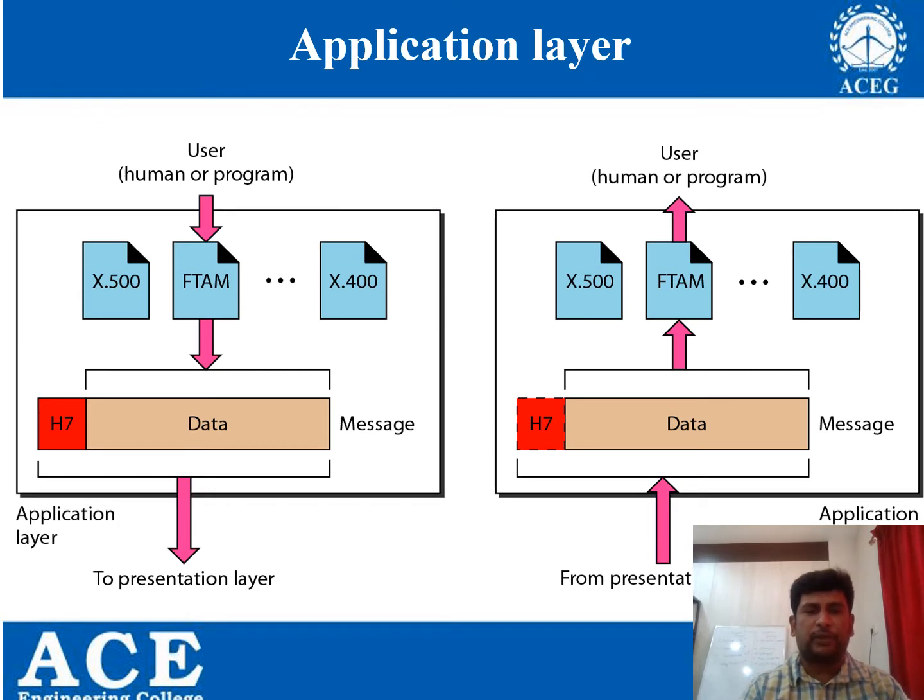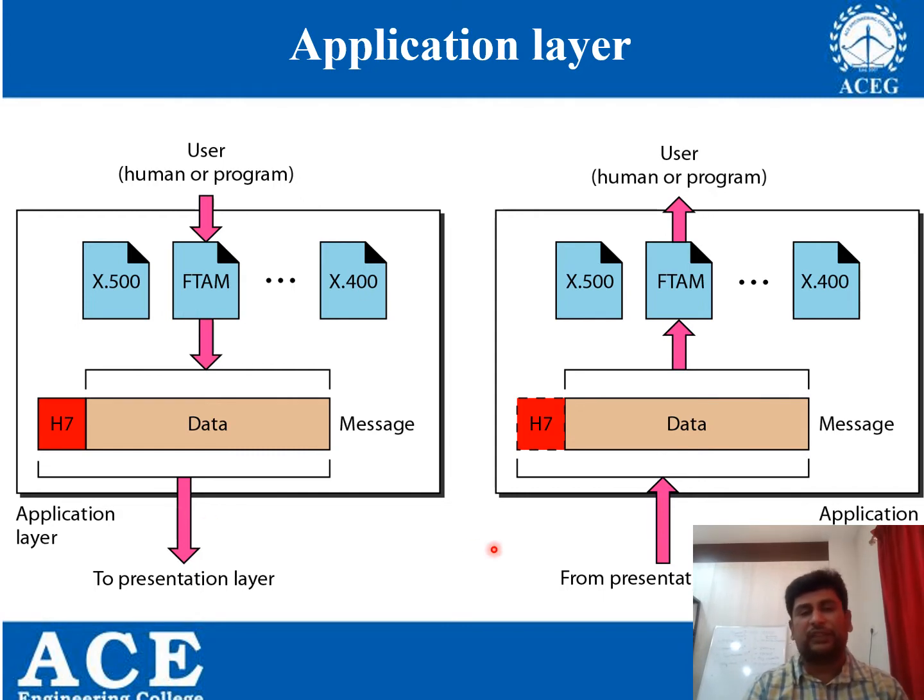As mentioned in our previous slide, the application layer is intended to provide services to the users. So here a user, which we call a human program, would like to take the services of the application layer. To take this service, it would be using one of the various available application layer protocols, through which it will be able to generate certain data, and to this data we are going to add a header and forward it to the presentation layer.